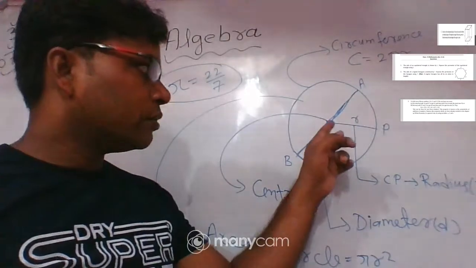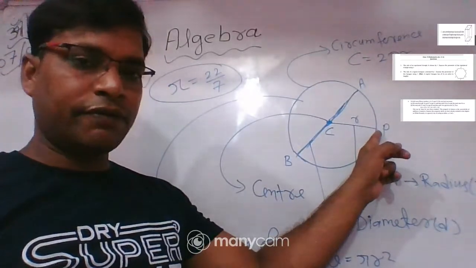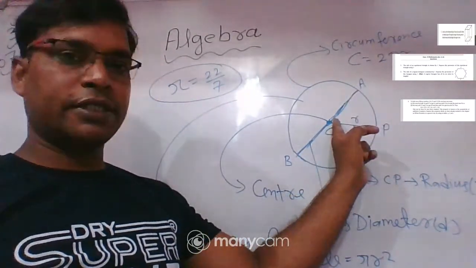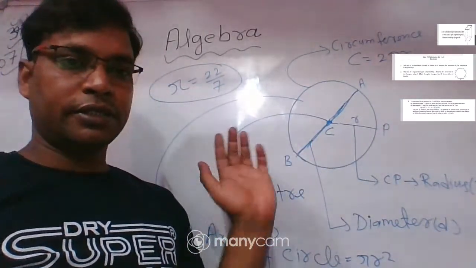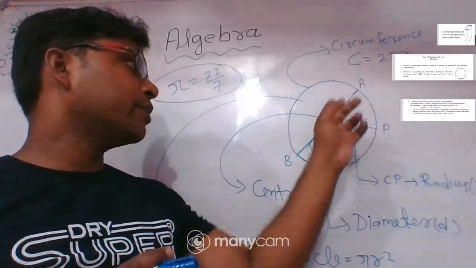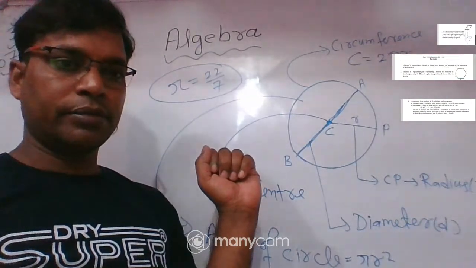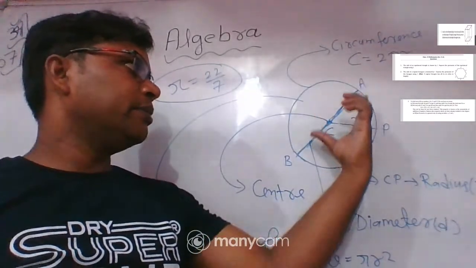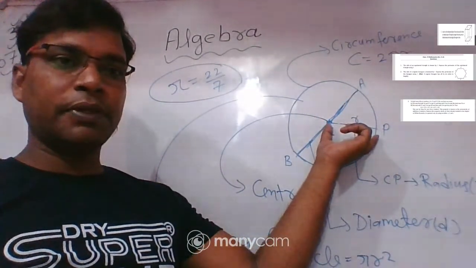So this fixed distance is called the radius. CA is a radius, CP is a radius, CB is a radius. All of them are radii, but you can say AB is equal to AC plus BC. So you obtain that the diameter is 2 times this CP.